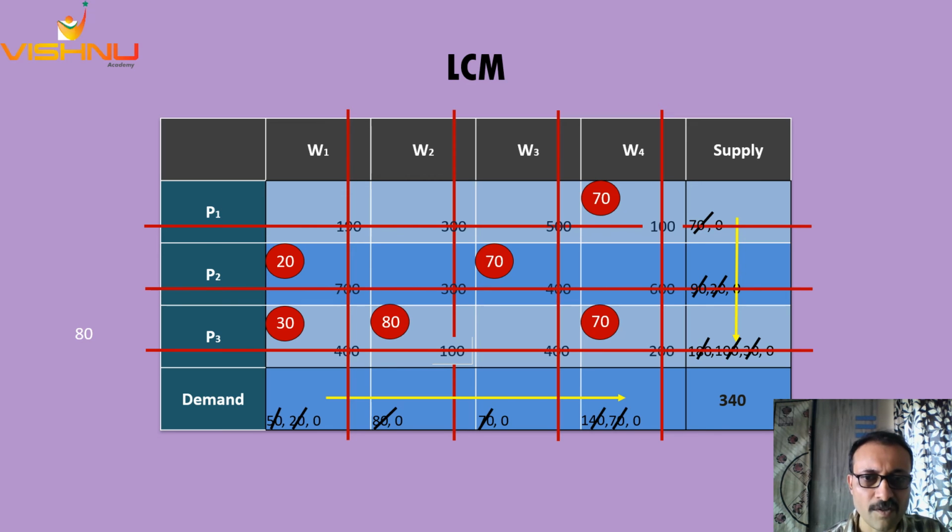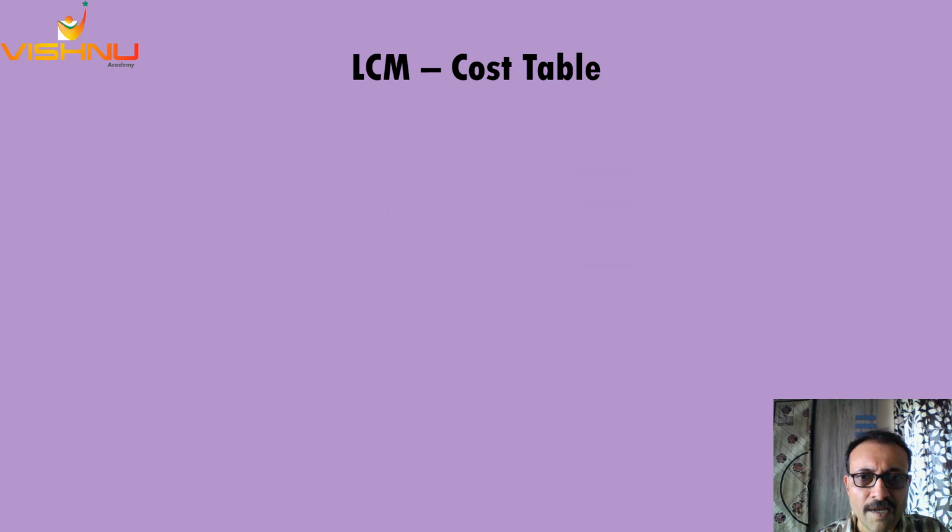So let's quickly have a look. So you know what we have been doing to identify the total cost. We take a snapshot of this particular table and bring it onto the next slide so that we are able to refer to it while preparing our table, right?